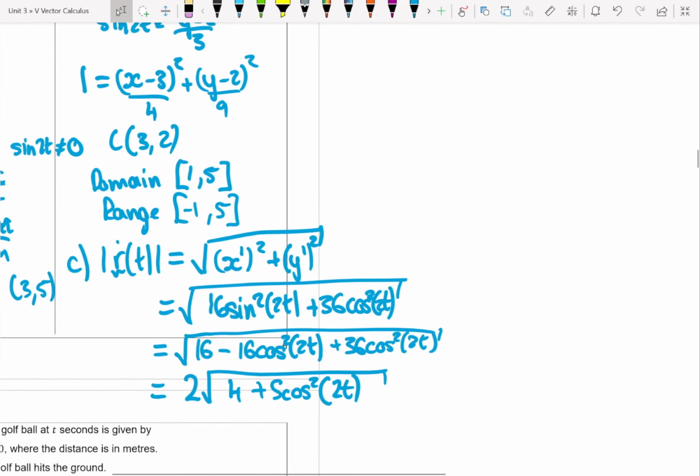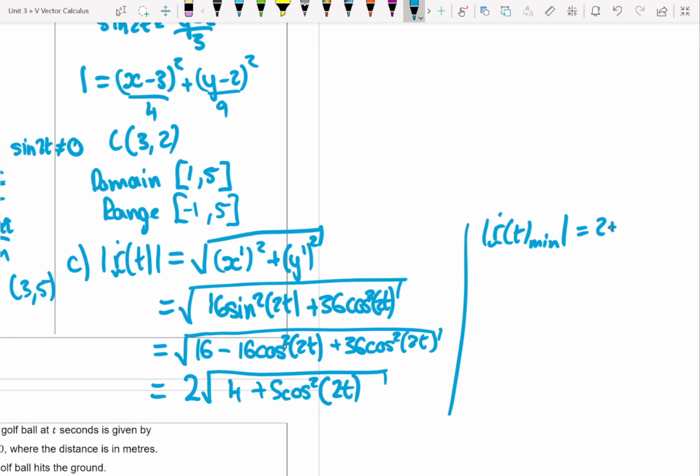So this is going to have a minimum value of 2 root 4 plus 0, which is 2 times 2, which is 4.